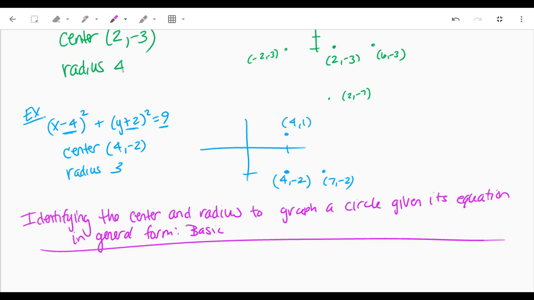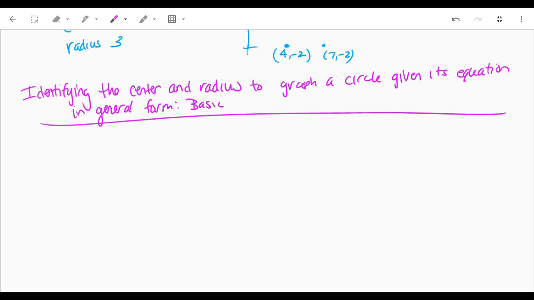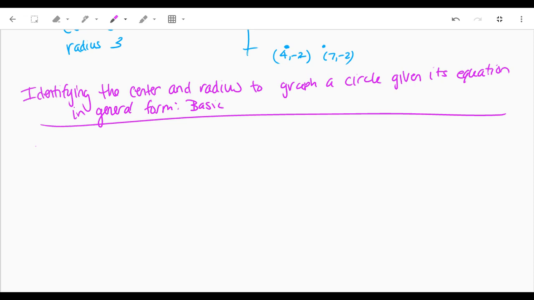Okay, so general form is kind of all expanded out. So we would have x² + y² + 2x − 8y + 1 = 0. Your first thing is to rearrange this.